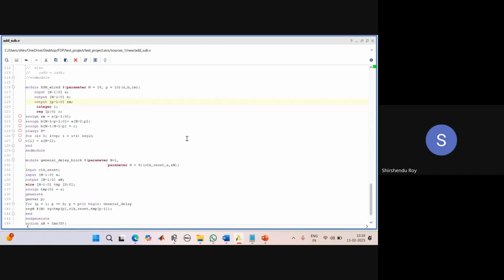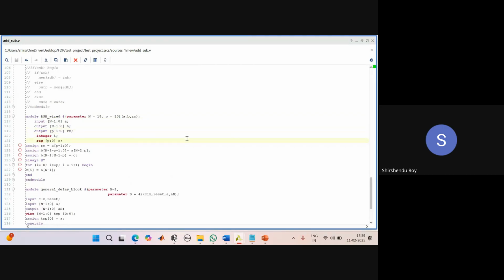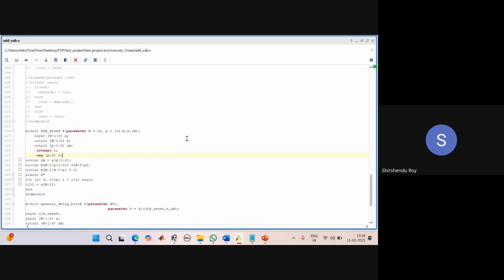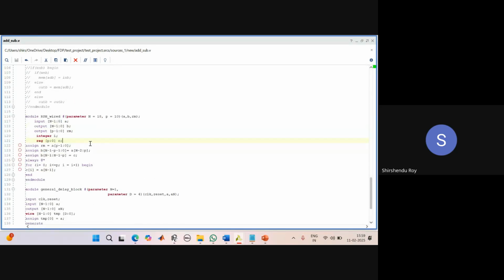It's called the RSH WAT shift block, which I have developed. You can develop something on your own. So what is this block performing? Input is A, output is B, and RM is the remainder. We have two parameters. One is called N, the data width.